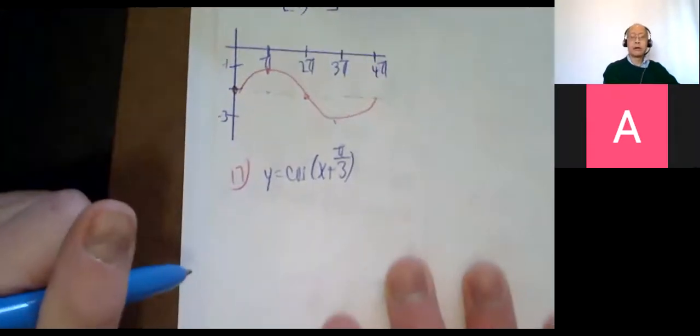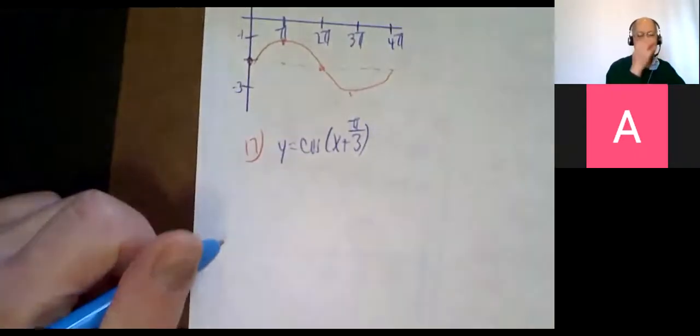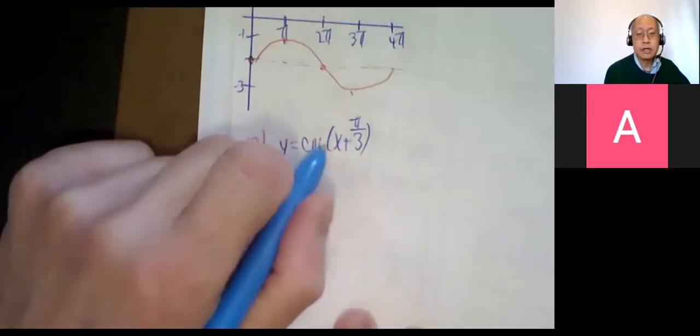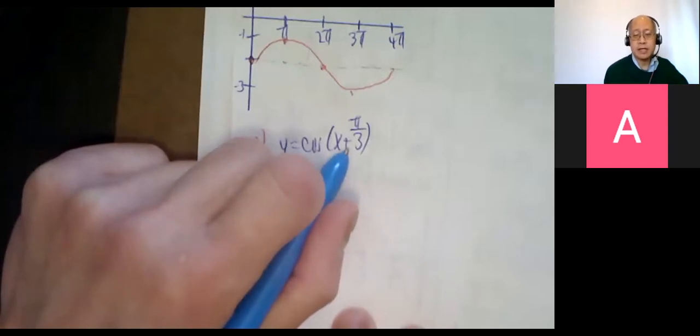My bad. Okay, the A is 1, the B is 1. The C is, well, actually negative pi over 3.